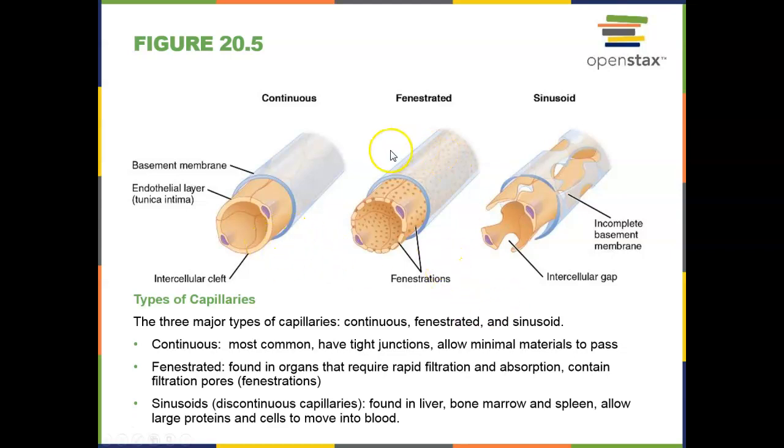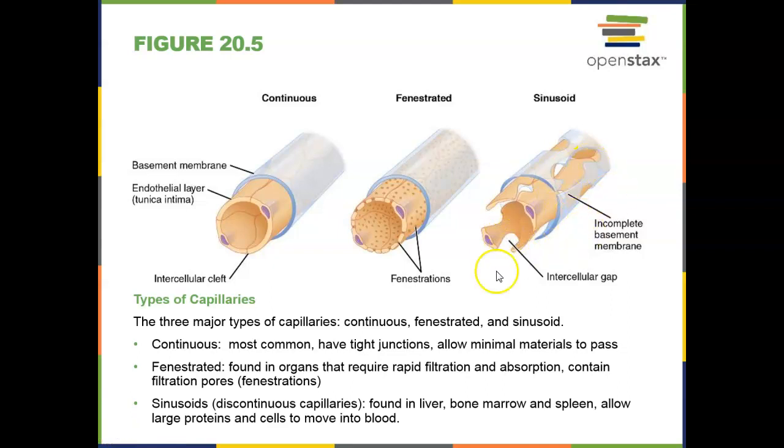So these are going to be found in kidneys, where we have a lot of filtration and reabsorption. They are also found in our intestines. The last type of capillary are called the sinusoid or discontinuous capillaries. So these have very large gaps, and these allow for large proteins to escape.